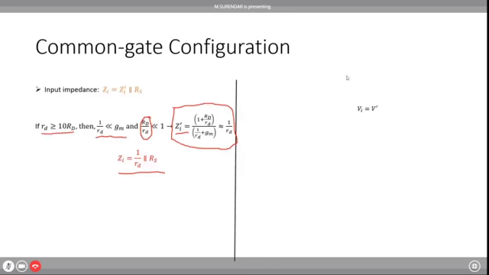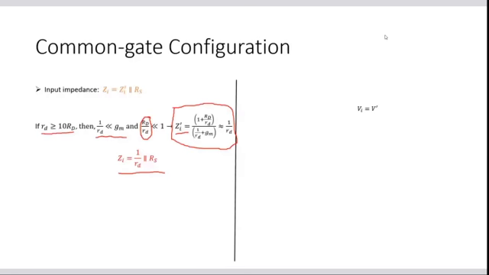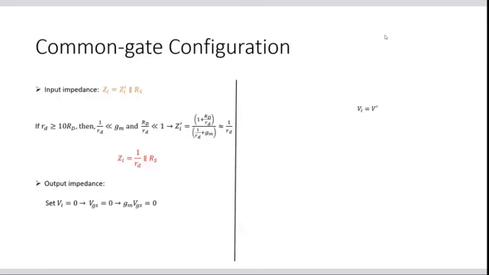Now we are moving into the output impedance. For output impedance, the first step is to make VA equal to 0. No other go. Just make VA equal to 0 while computing the output impedance. So now let's go to the previous circuit.